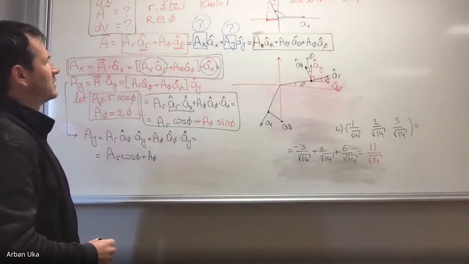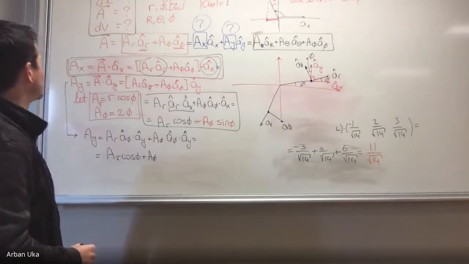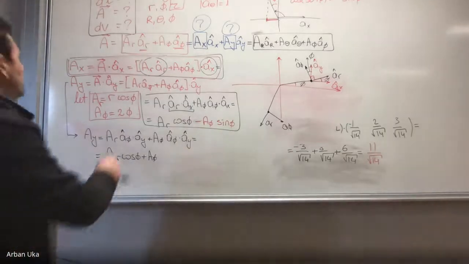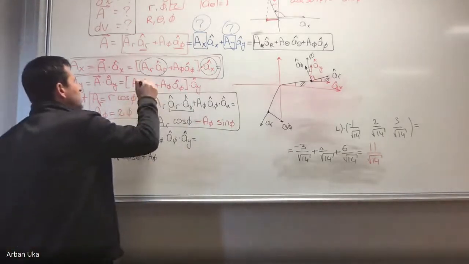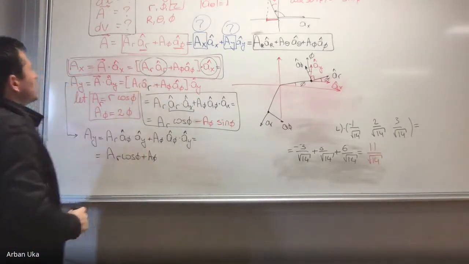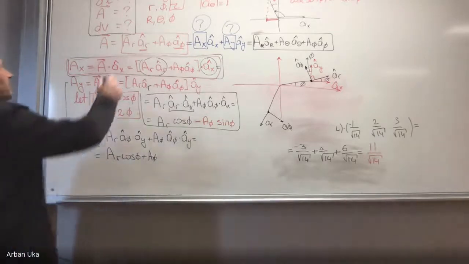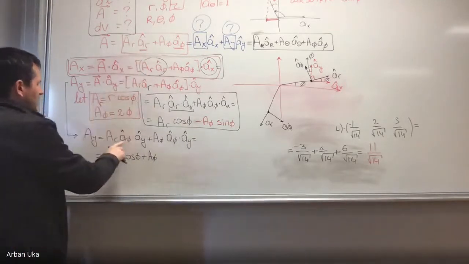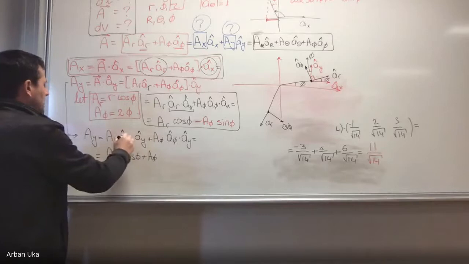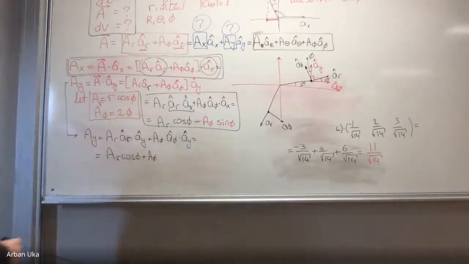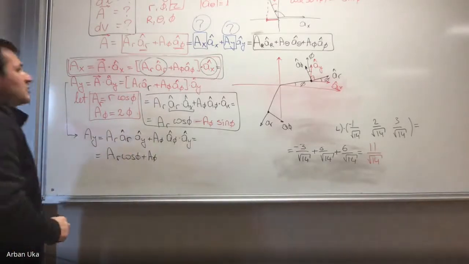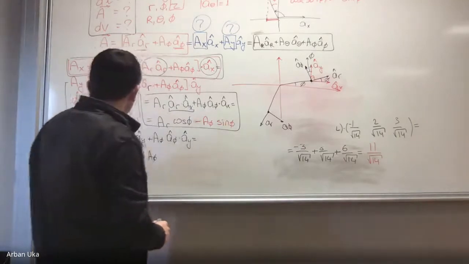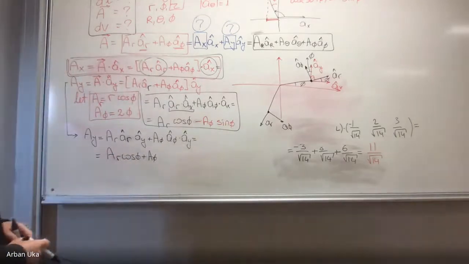Wait a second. No, I have a mistake here. Sorry, this is a mistake. This was AR. Because the projection initially is described here, then this is, okay, fine. We should improve this. This is AR. So let's have a look. What is the angle between AR and the AY?